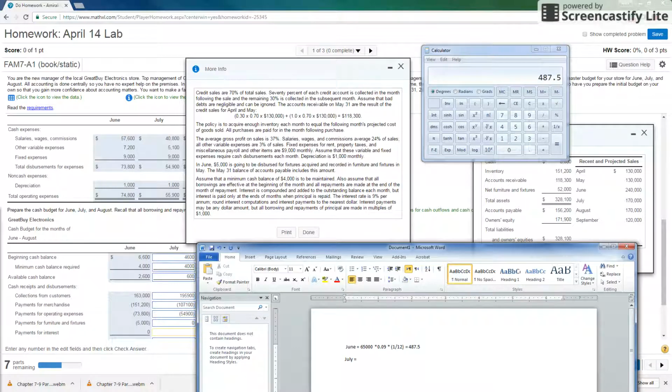So how much money do we have outstanding here? 65,000 plus the interest of the last month, multiplied by again 9% multiplied by 1 over 12. That's the interest that I have to pay during the July.